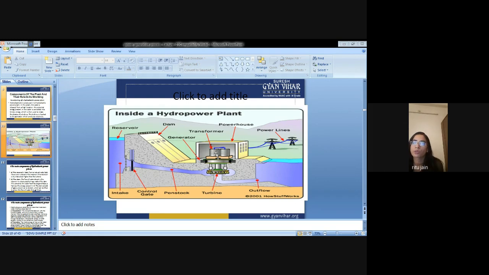A transformer is a device which converts one voltage level of electricity to another voltage level. Then it is transferred to the powerhouse, which is connected to the power lines. Through the power lines, electricity can be transferred to the consumer place.